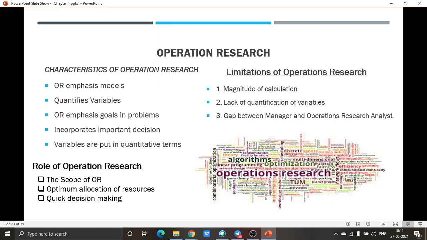There are various techniques and tools of operation research. But for business decisions, some of the techniques commonly used are, as we discussed, decision tree, linear programming, game theory, and queuing theory. Each one of these we shall see in detail.